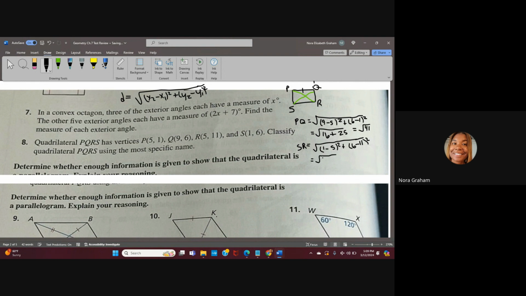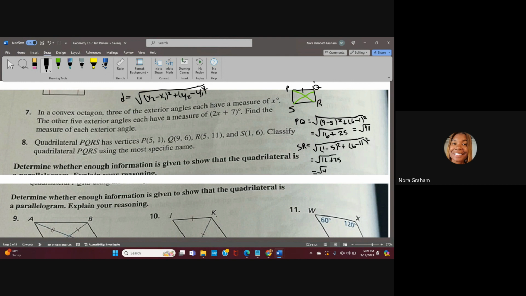All right, so that's going to equal 1 minus 5 is negative 4. Negative 4 squared is 16. And then plus 11 minus 6 is negative 5. Negative 5 squared is 25. So again, this is going to equal square root of 41.